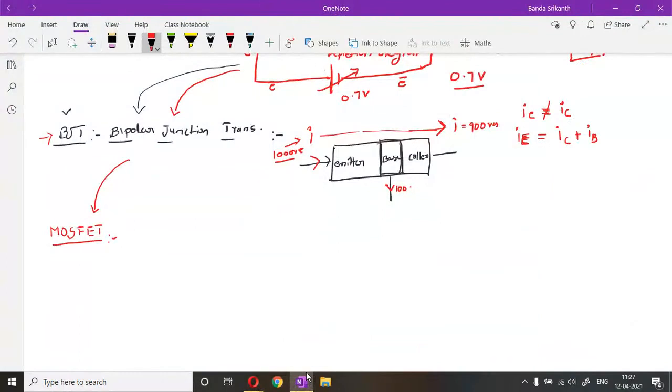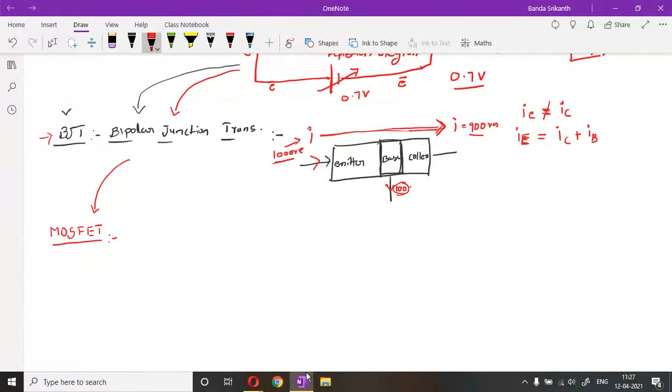See, I am giving 100 rupees, but you are getting 900 rupees only. Is it good or bad? So it is a bad device. How can we make it good? Anyhow, we should have control over the current, and you have to ensure that this base current does not go.